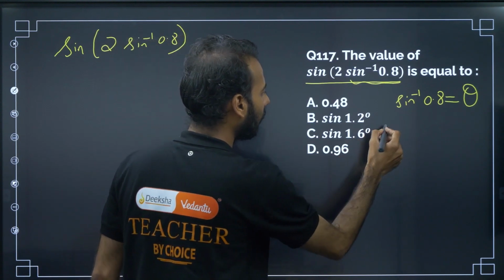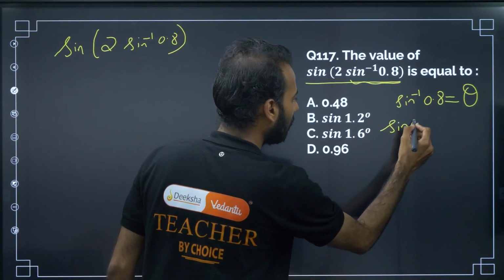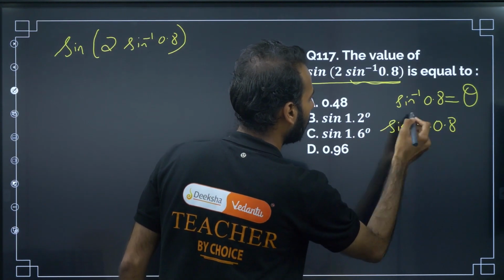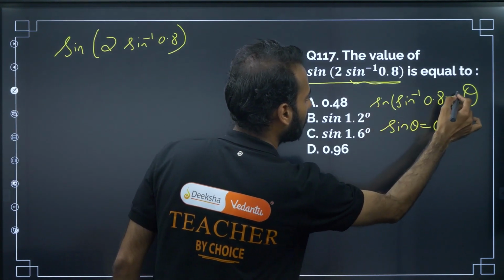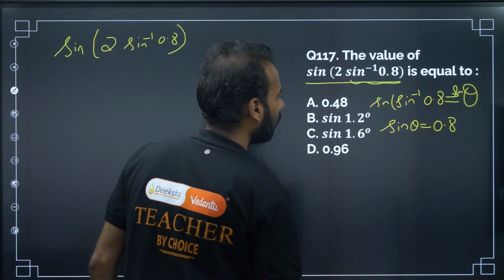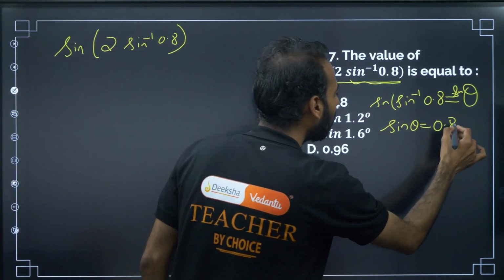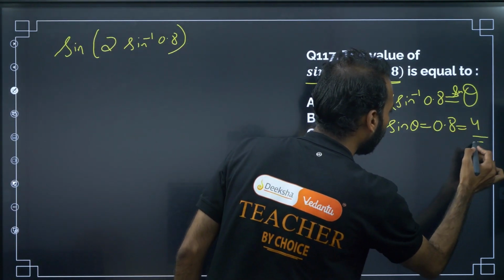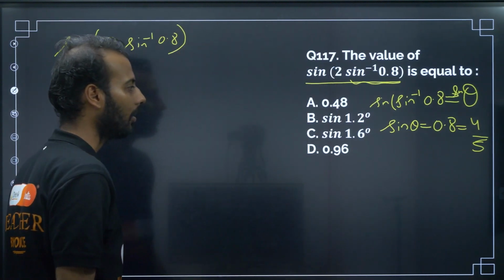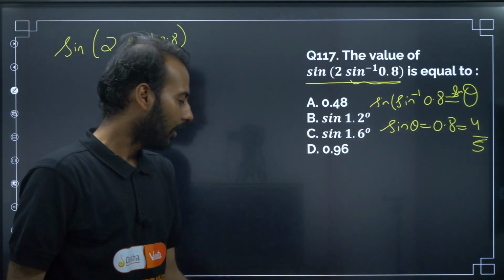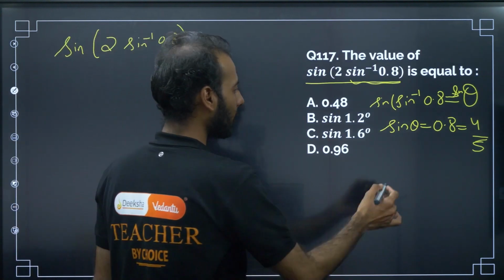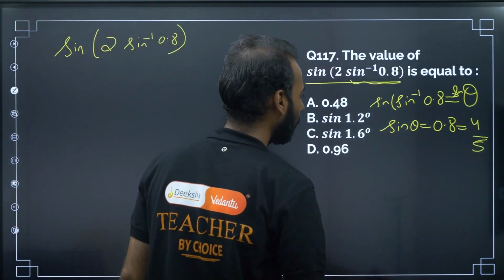If I apply the sine function on both sides, I am going to get sine theta is equal to 0.8. 0.8 can be written as 4 by 5. Don't ask me why you are writing 0.8 as 4 by 5. This is a 7th standard concept. So sine theta is equal to 4 by 5.